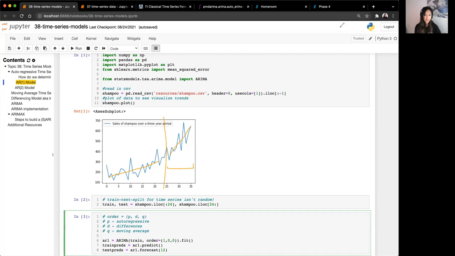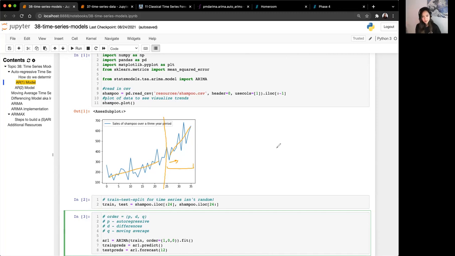Let's say my train and test happens to be split where there's a financial crisis. Then obviously what your model is being trained on will probably not apply to your test set. For that, you can actually choose for time series data to move your split a little bit further back so that it can take into account as much information as possible.